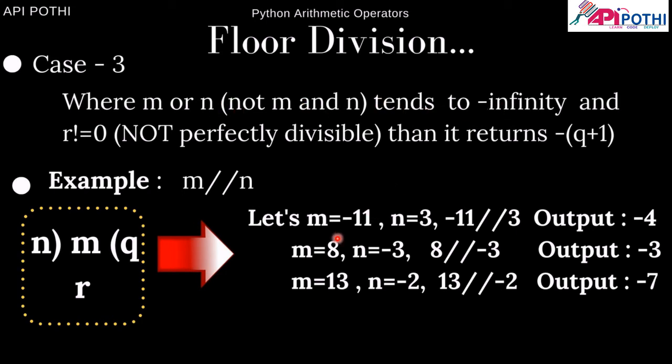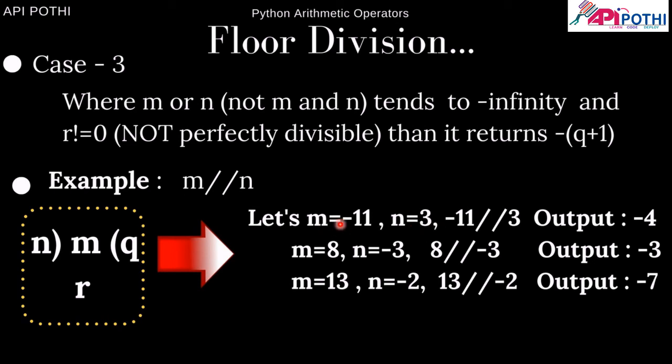Either m is negative or n is negative, but r does not equal 0, meaning m is not perfectly divisible by n. Hence, the floor division will be minus quotient plus 1.